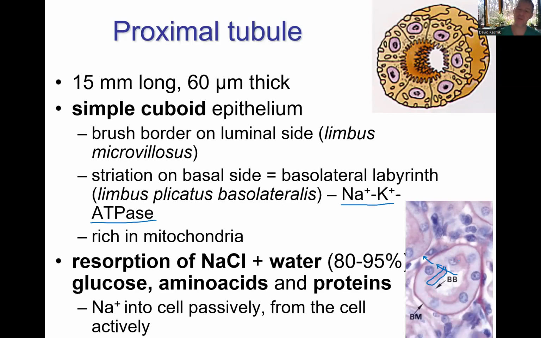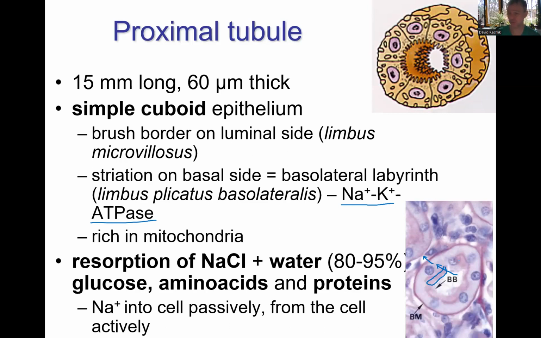The same way works for amino acids and glucose. So we have here a cotransporter on the luminal side for sodium and glucose. So it's a facilitated diffusion process. Again, by the ATPase on the basolateral side, we actively pump sodium into the interstitium.